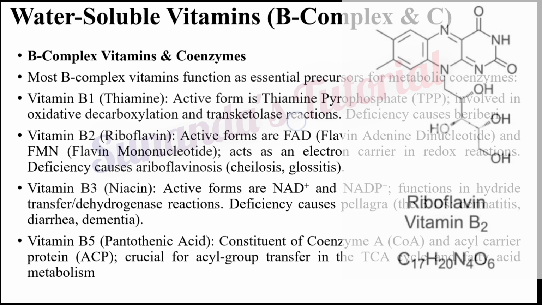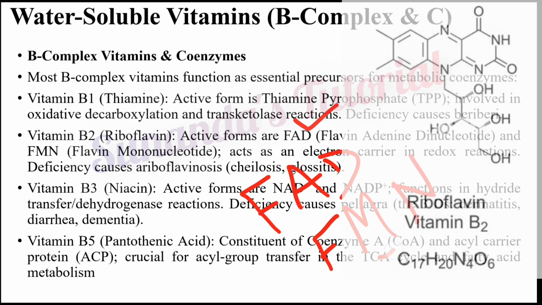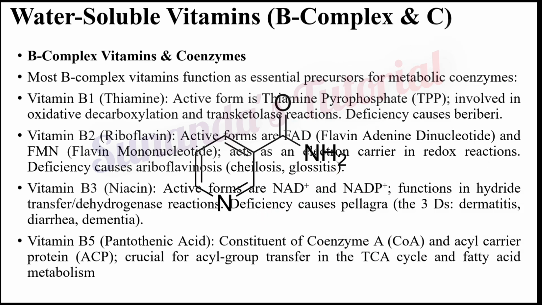Remember, the active forms of vitamin B2 or riboflavin are FAD, flavin adenine dinucleotide, and FMN, flavin mononucleotide. They act as electron carriers. When the deficiency takes place, it causes riboflavinosis.